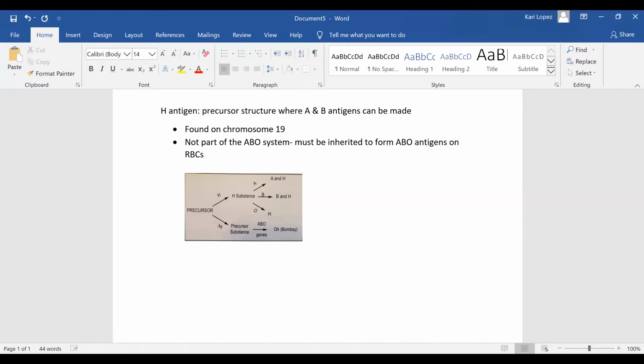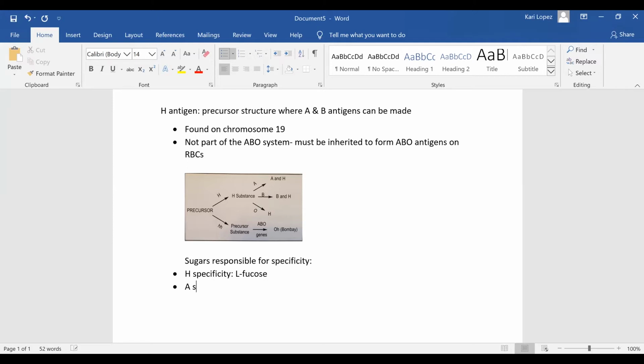Now your sugars responsible for specificity. We'll start with H, now that you know what H is. So H specificity is going to be with the L-fucose sugar.